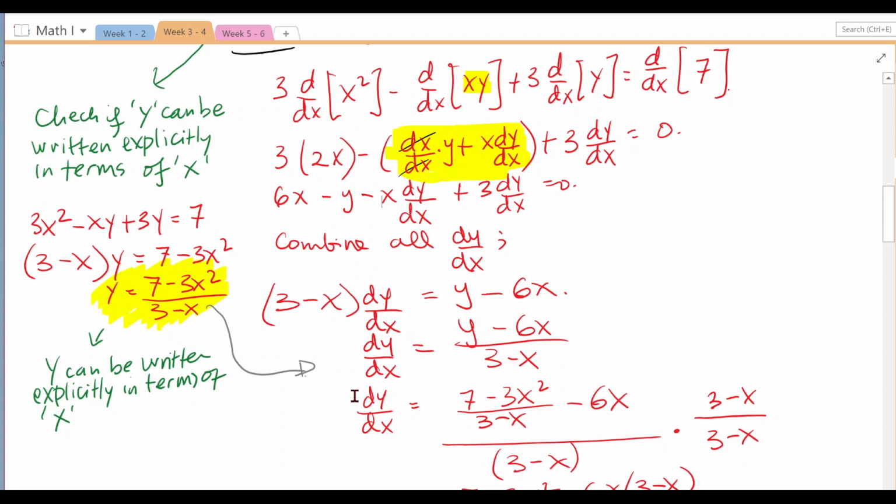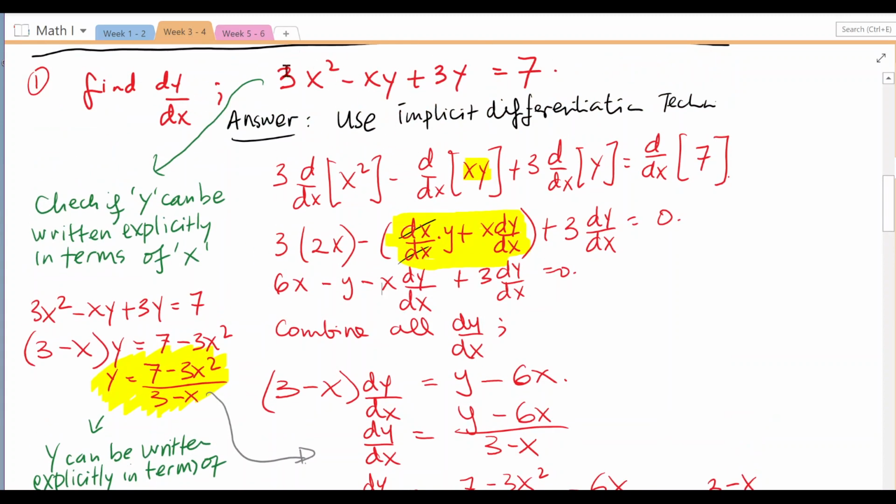In this case, this question allows us to rearrange to get the value of y, or to express y explicitly in terms of x. So we have 3x squared minus xy plus 3y equals 7.